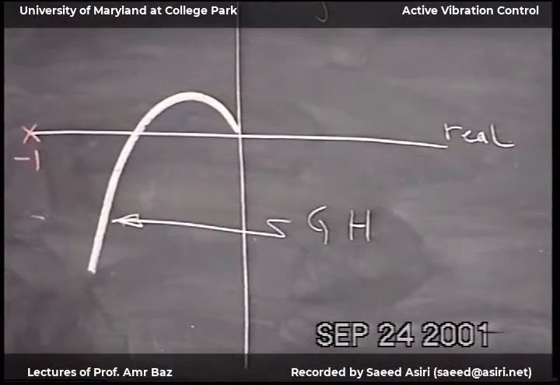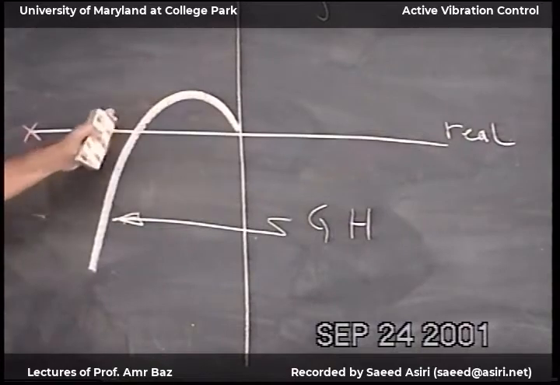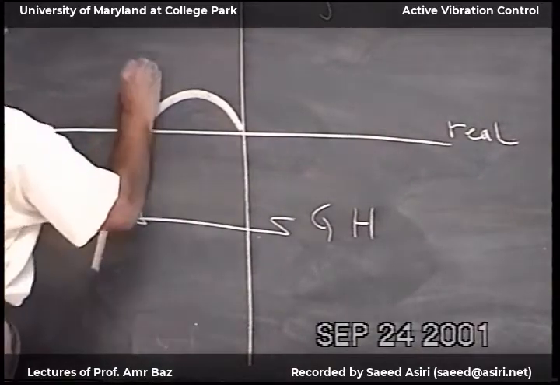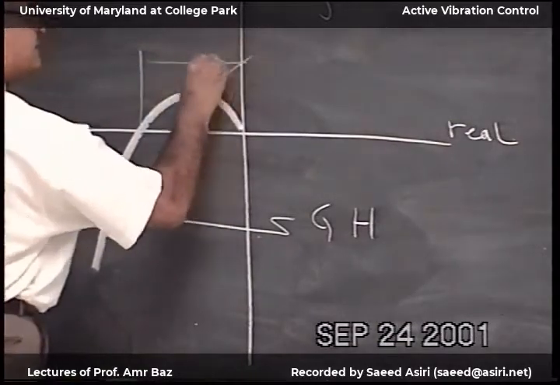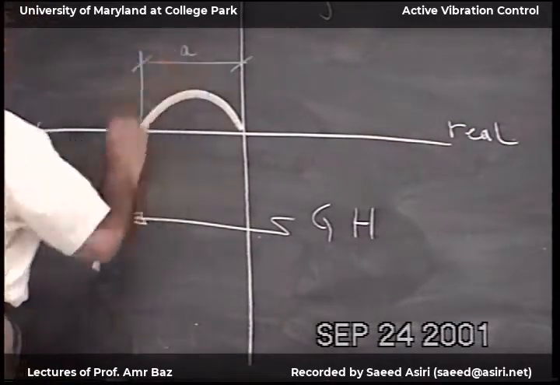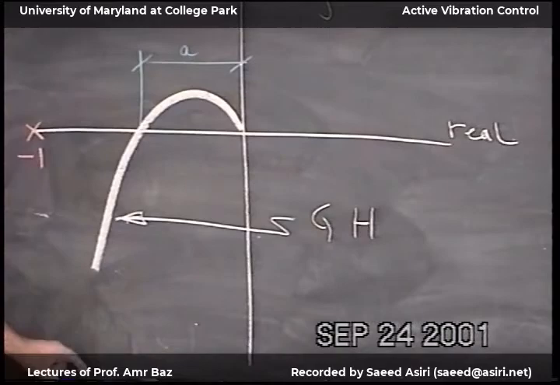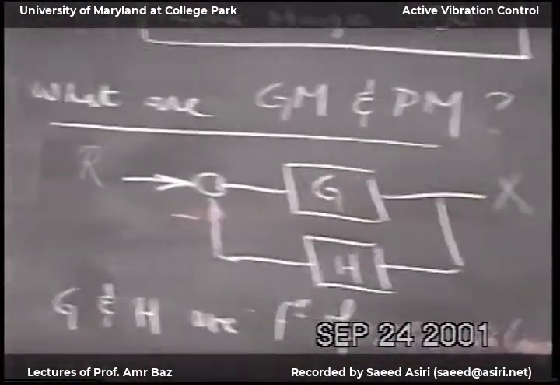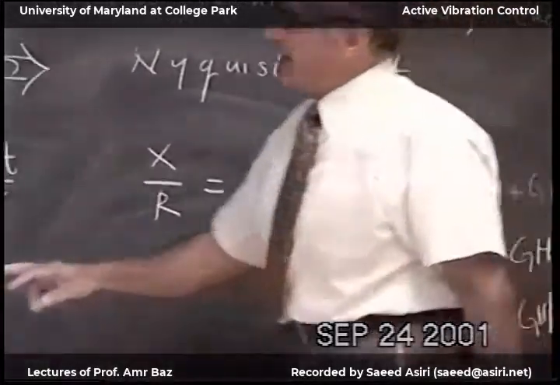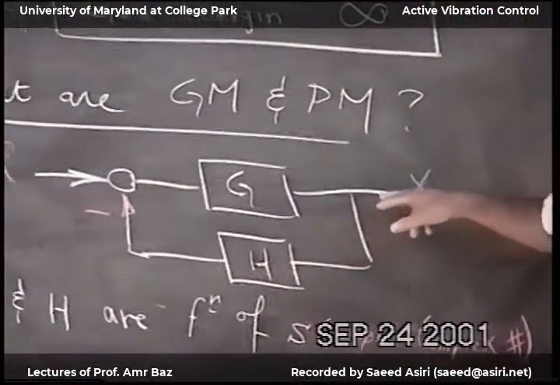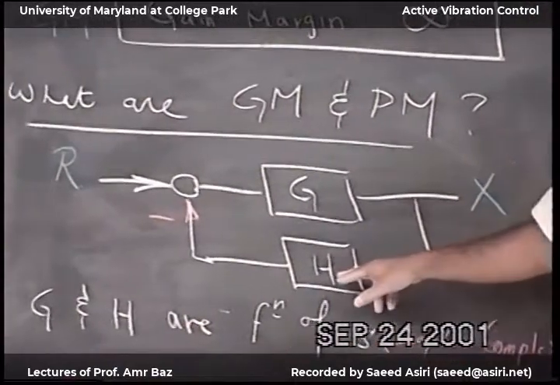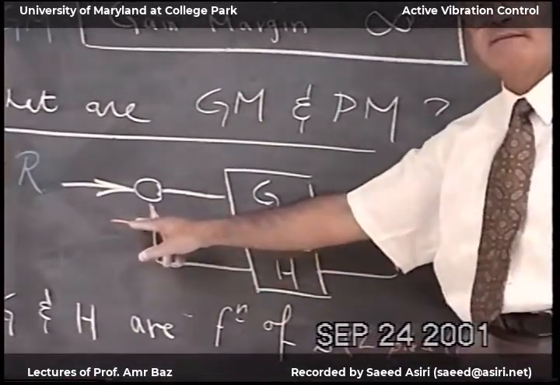Now, if my system has this characteristic, and this characteristic intersects at this location, I'll call this distance little a. Now the H here or here takes the displacement or velocity of the system, multiplies it, and feeds it back.